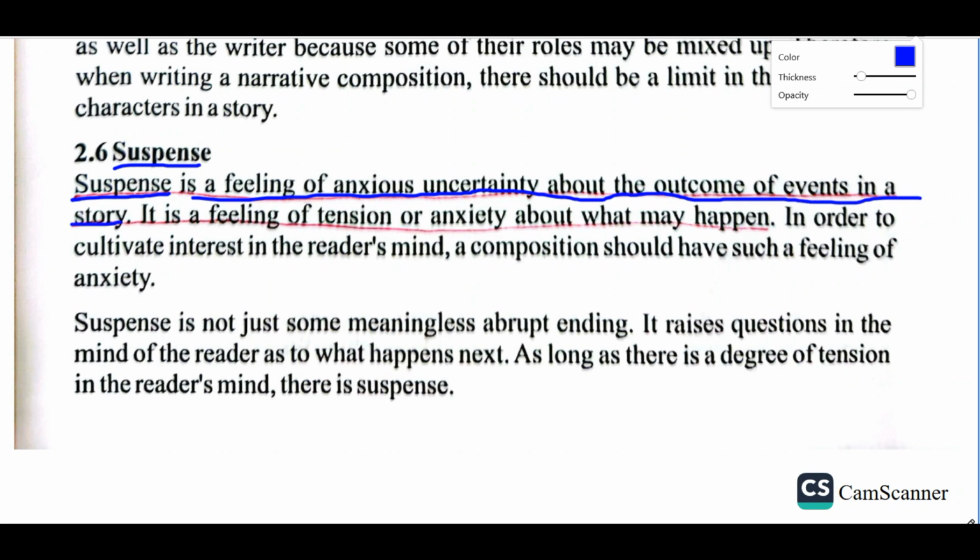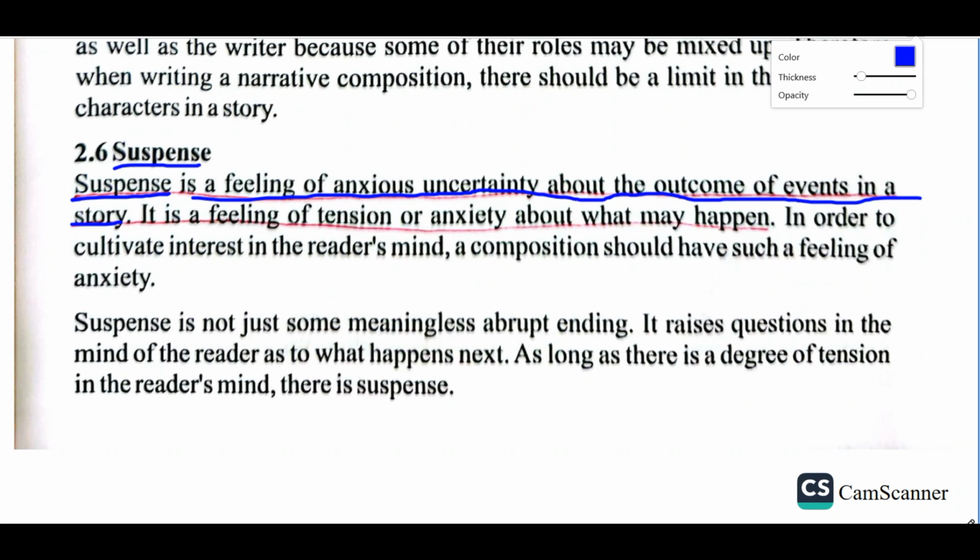It's a point where you are reading a story or watching a movie, and you develop that feeling of wanting to know what happens next. That eagerness, like let me watch another episode, let me watch another season because I want to know what happened after this. That feeling is what we call suspense.